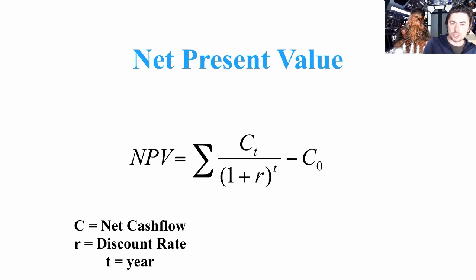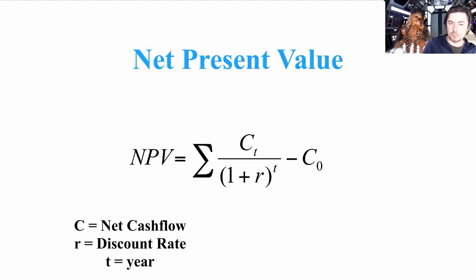The R there is your discount rate, and that tells you how much you have to reduce your future investments to a present value. I might explain that later on, but just take it that we have a type of interest rate here that we're going to be using. T is the year that we're making the investments in.